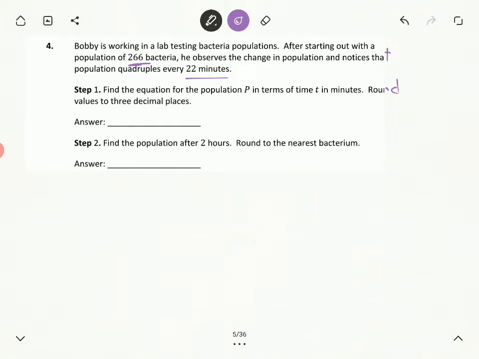Alright, first we're going to start out with finding out what we've got here. We know it's going to be 266 n to the 22 is equal to, and we have to figure out where this value is going to be.